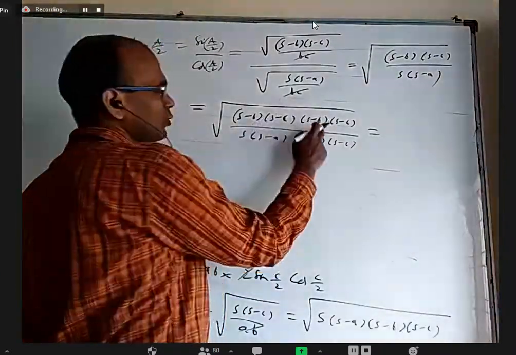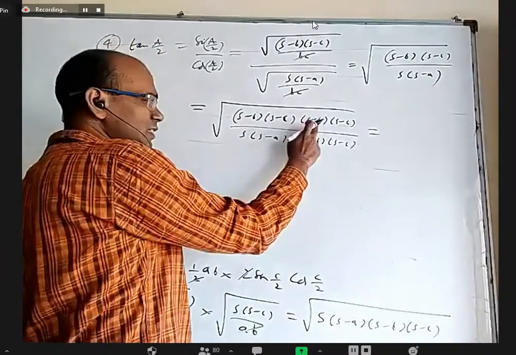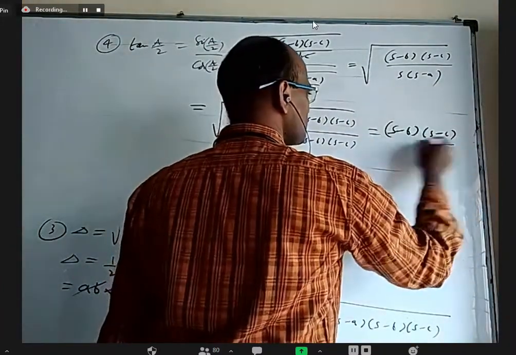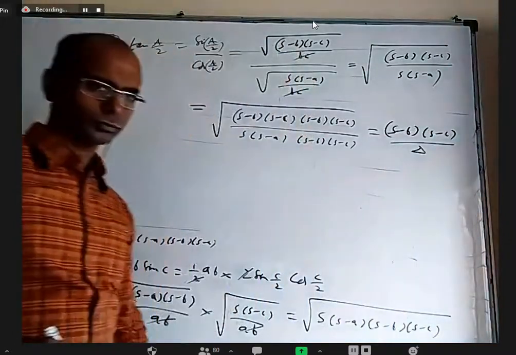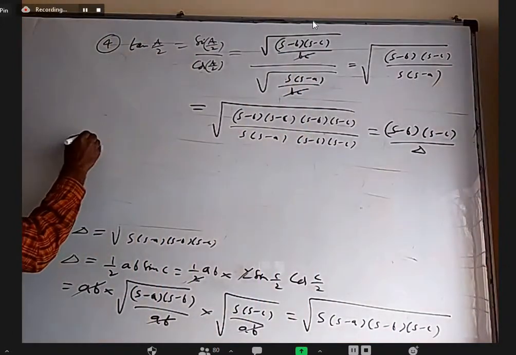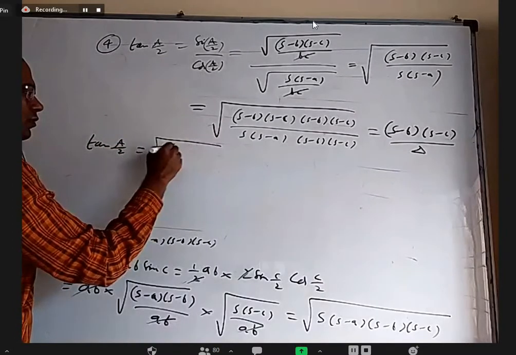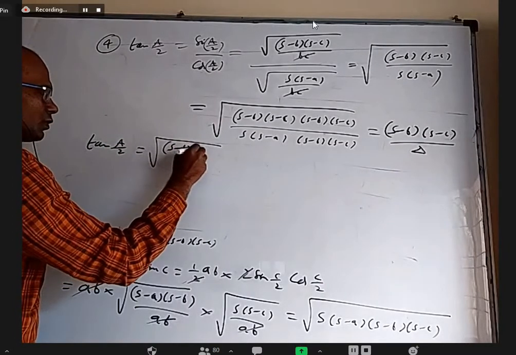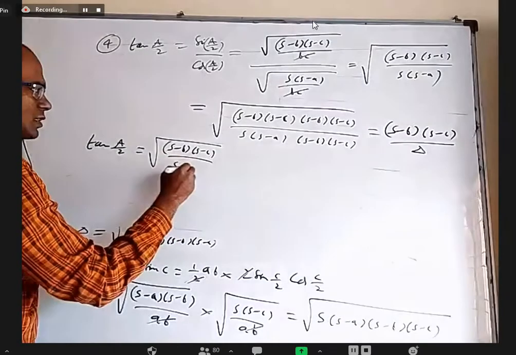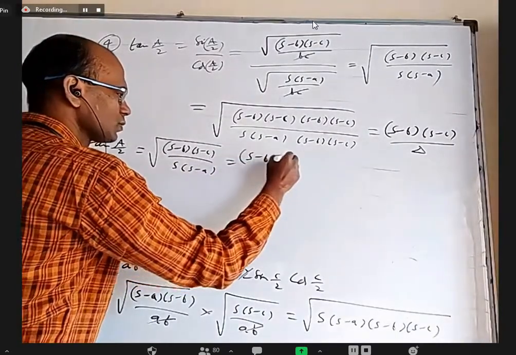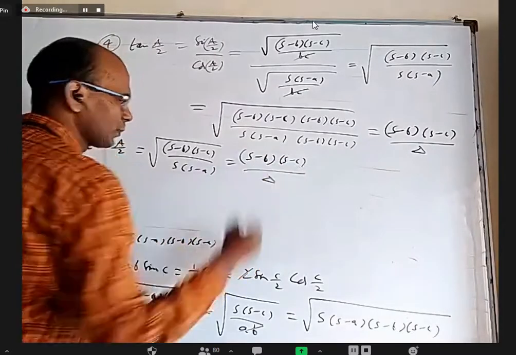And numerator root will go because this is twice, this is twice. So it is (s minus b)(s minus c) by delta. Okay, so finally tan A by 2, two formulas: square root of (s minus b)(s minus c) by s(s minus a), which is also (s minus b)(s minus c) by delta.